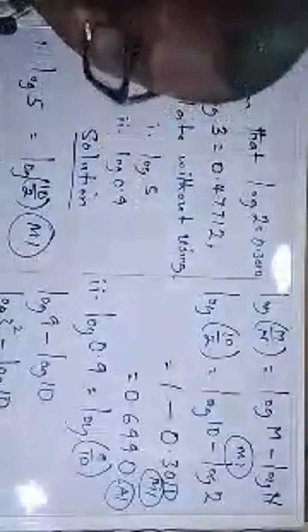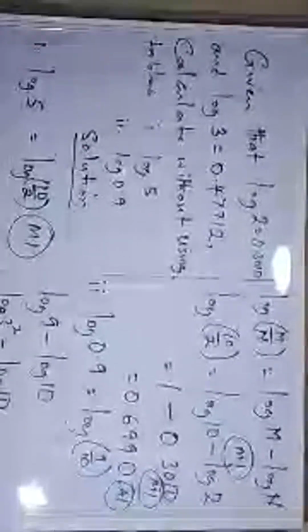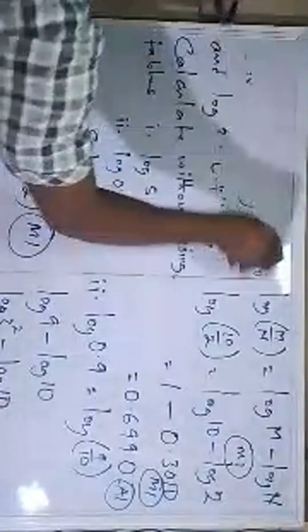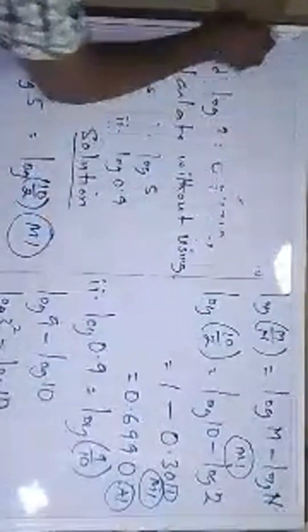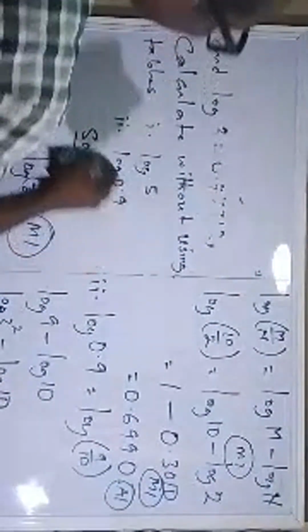Okay, so from here you can now substitute the value of log 3. That is 0.477.